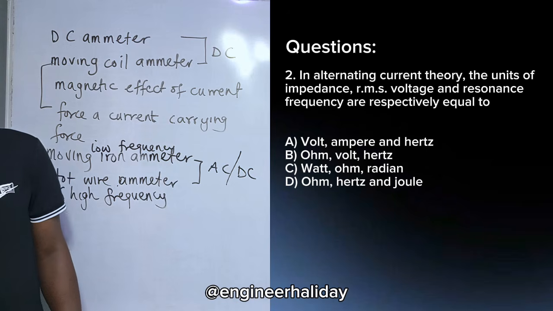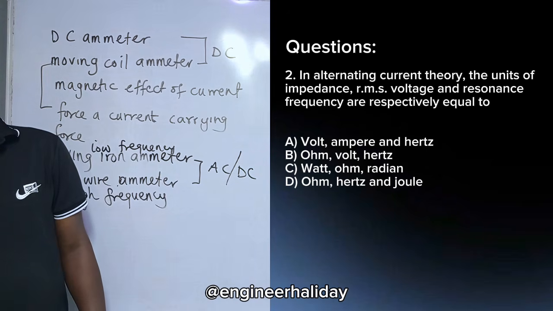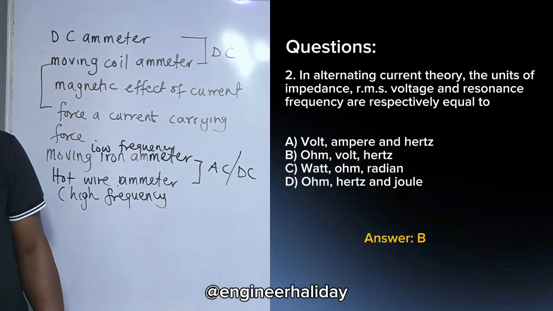The resonance frequency is measured in hertz. A, voltage, ampere, and hertz. B, ohms, volt, and hertz. That is the answer. C, watt, ohms, and no. D, ohms, hertz, and joules. No. The answer is ohms for impedance, volt for RMS voltage, and hertz for resonance frequency.